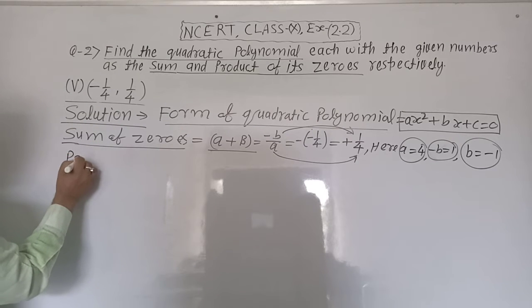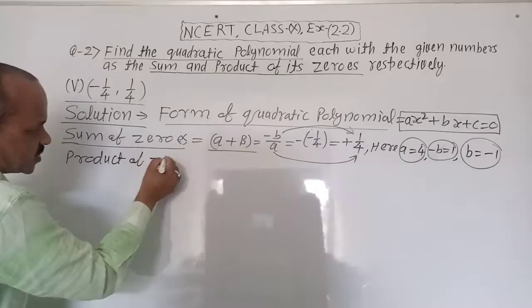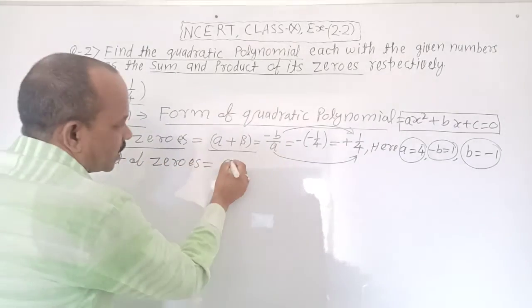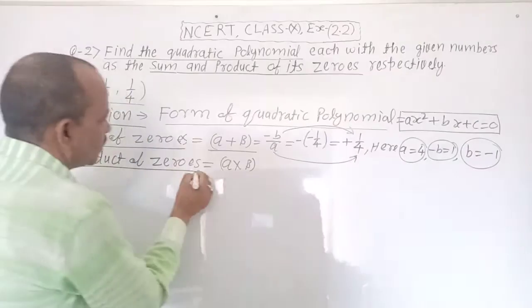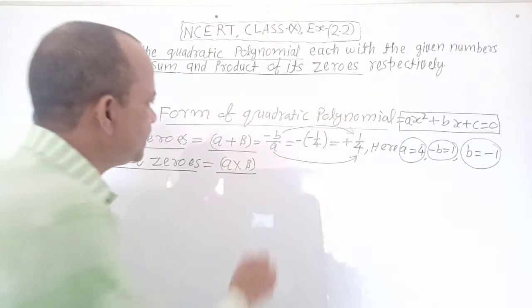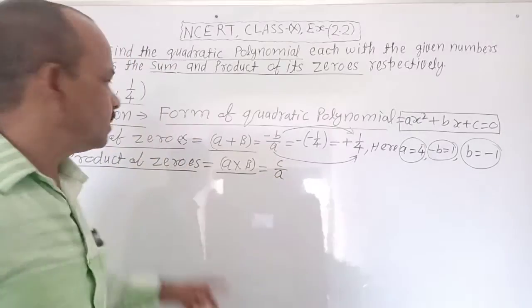Product of zeros equal to alpha multiply beta equal to c by a.